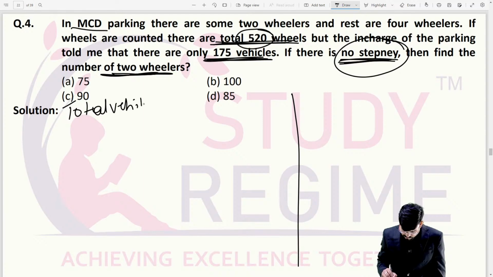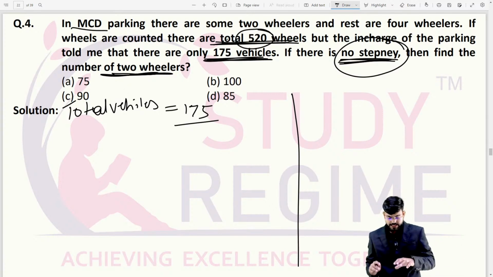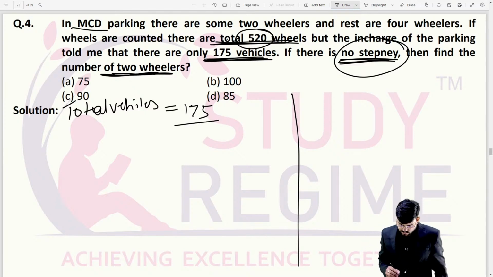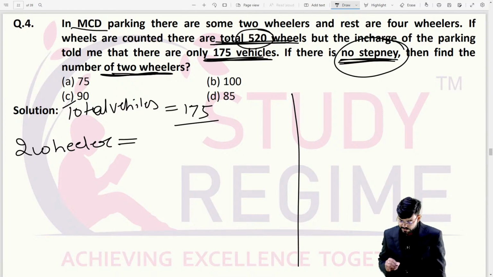Total vehicles is given as 175. Okay. Let us suppose there are only two-wheelers. First, what you will assume? Let us suppose there are only two-wheelers. So, how many wheels will be there? 175 into 2.